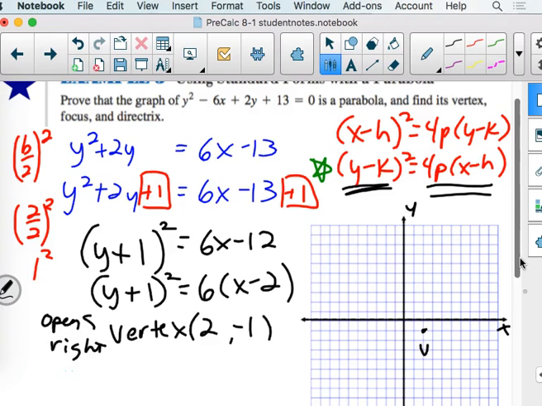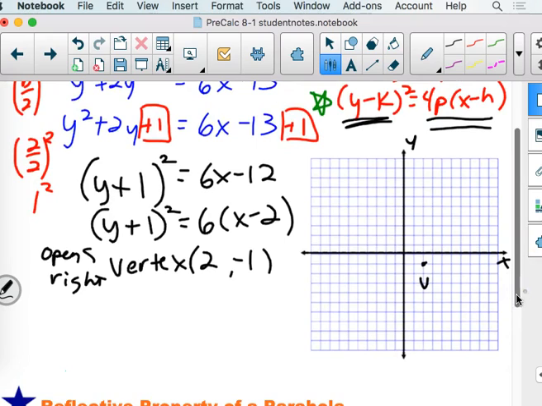That means it's going to wrap around my focus to the right. But how do I figure out where that focus is? A little 4p has to be 6. So p is going to equal 3 halves or 1 1/2. It has to go to the right, 1 1/2 this way to my focus.